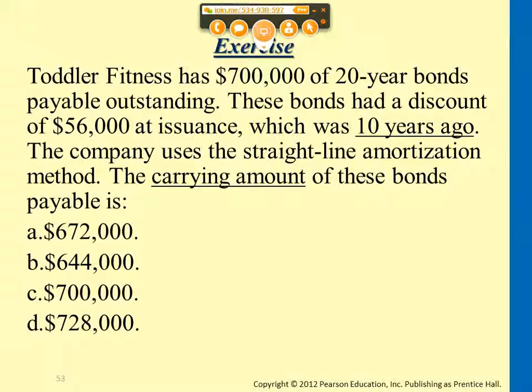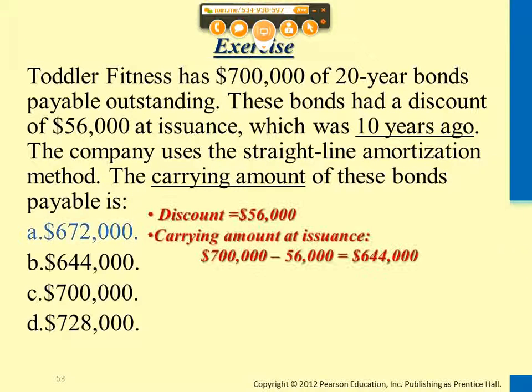So the discount part here, remember this part we gradually amortize along the years. So $56,000, if we divide it by the lifetime of 20 years of the bond, that will give you a yearly amortization. Then you use this times 10 years. That will give you what you increase to the bond's carrying amount over 10 years.